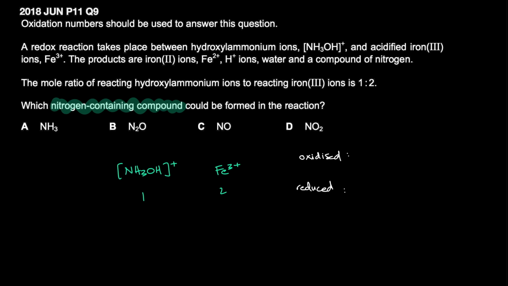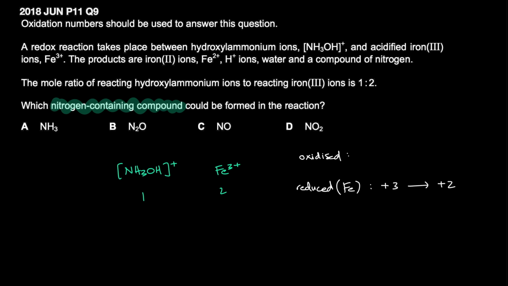Now, if you think about what's being reduced here, we know that iron is being reduced, because we're going from Fe3+ to Fe2+. So as far as the reduction is concerned, the oxidation number of iron is going from +3 to +2.